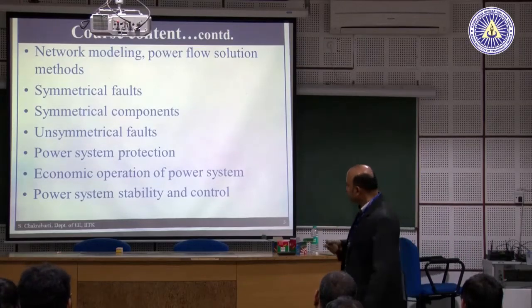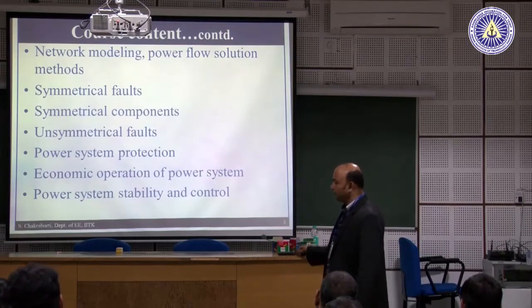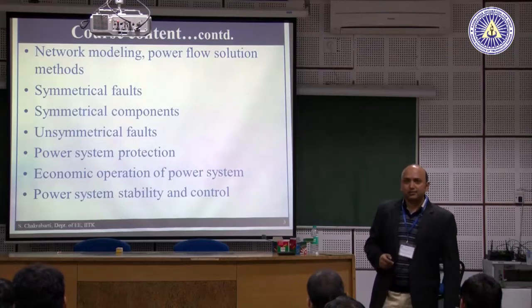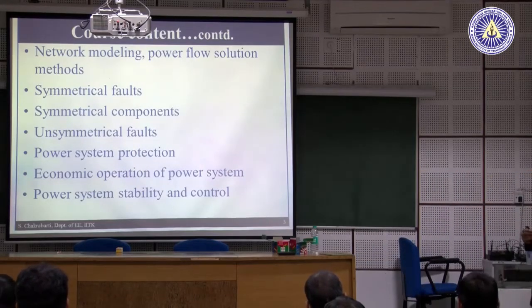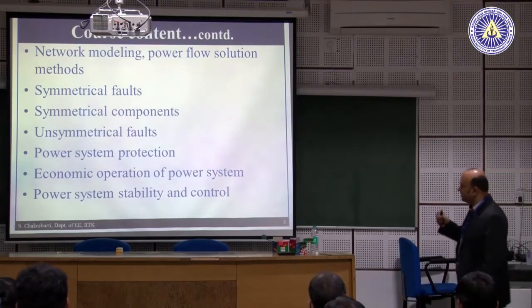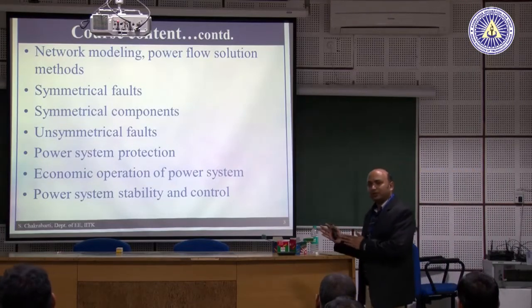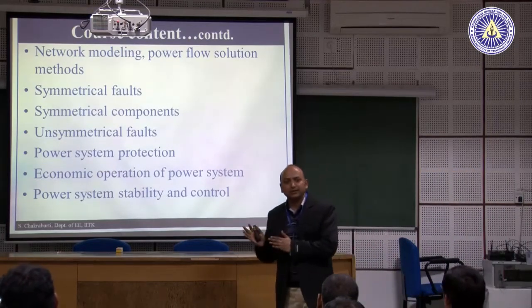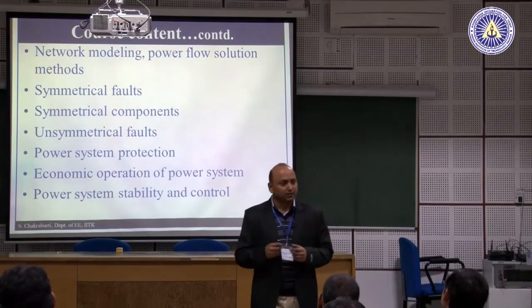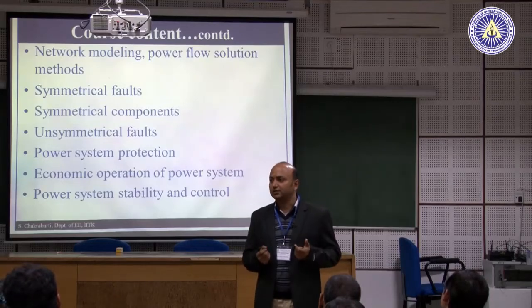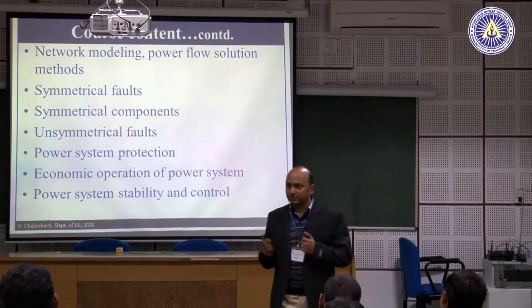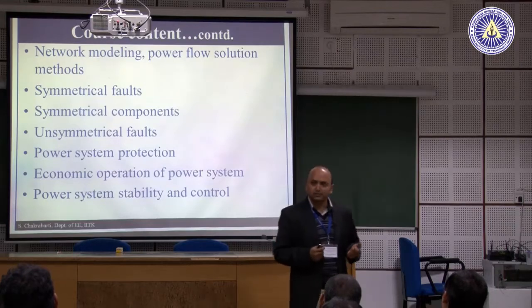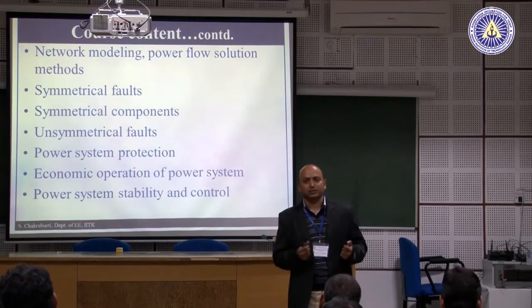Now, by the way, when we go through these topics, for example the stability problems, there are misleading definitions given in many textbooks. We have to be very careful. At all stages, we have to refer to standard literature. I will give you one example. The IEEE standard very clearly distinguishes the stability problems into angle stability, frequency stability, and voltage stability.